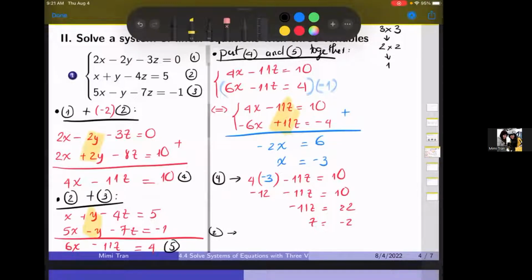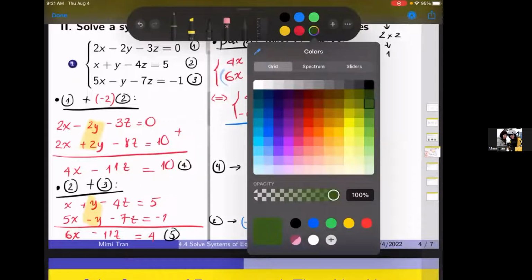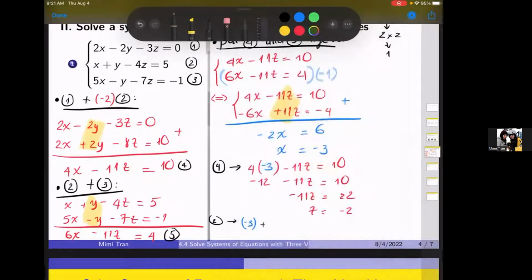x is -3, plus y, plus y minus 4z. Minus 4z is -2, plug in there, equal 5.